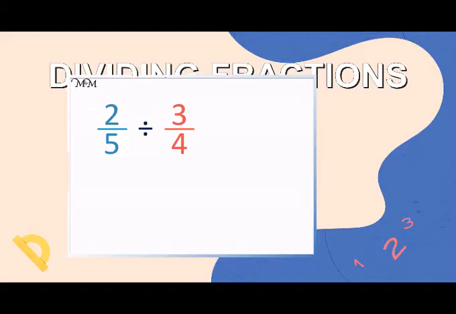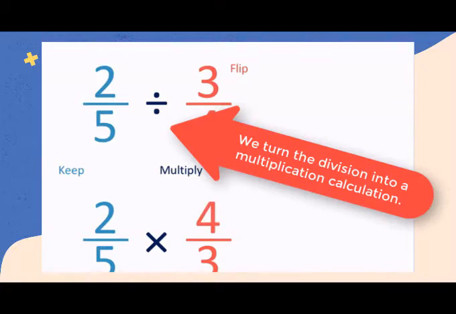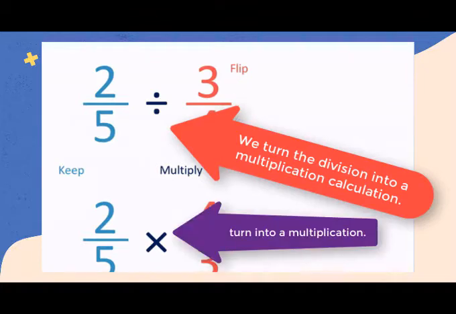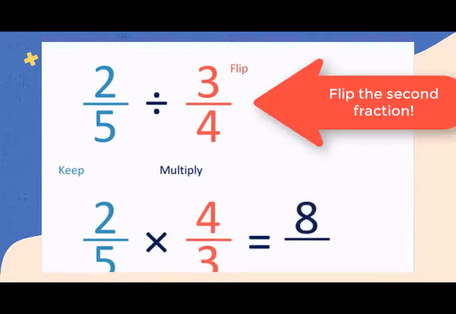Okay, this is how to divide a fraction. In order to divide a fraction by another fraction, we need to turn the division into multiplication. If we turn the division into multiplication, we need to flip the fraction we're dividing by.